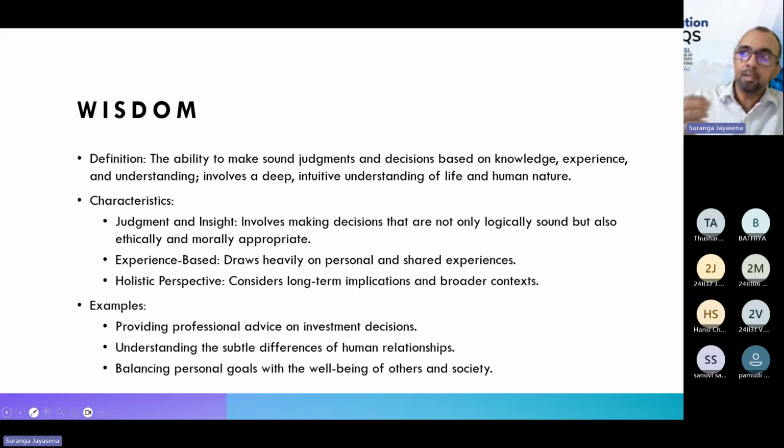Judgment and insights involve making decisions that are not only logically sound but also ethically and morally appropriate. We talked about ethics and morals previously, remember? So it's not just what is theoretically or technically the solution, but also what is the ethical and moral solution.